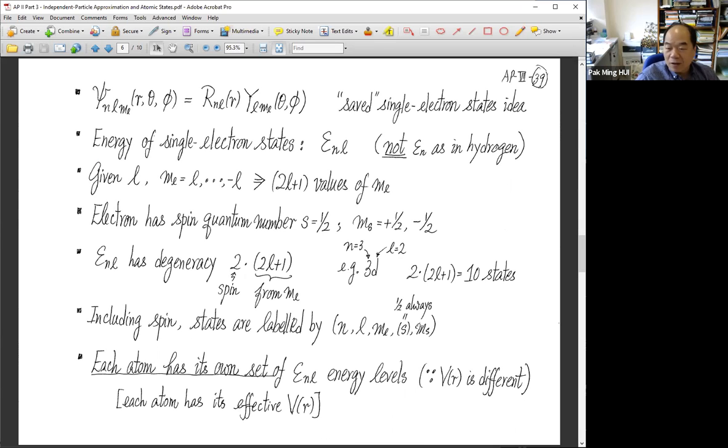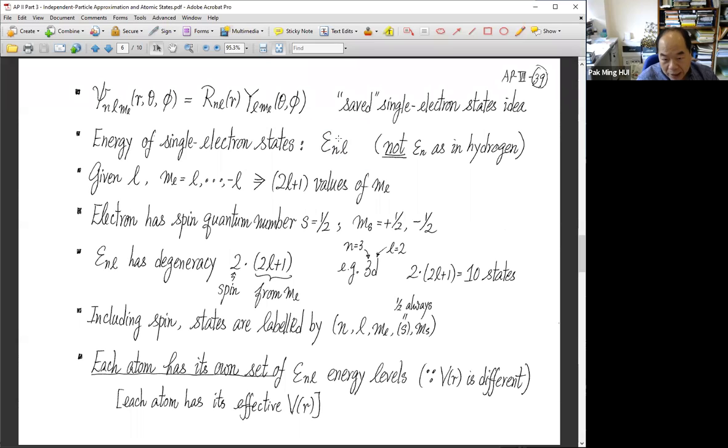So therefore, we save a lot of work because we have much knowledge about central force problems. The state will be like this. The energy will depend on n and l. Therefore, in all other atoms, 2p is expected to be slightly higher than 2s. They should be because the potential is not strictly Coulombic.